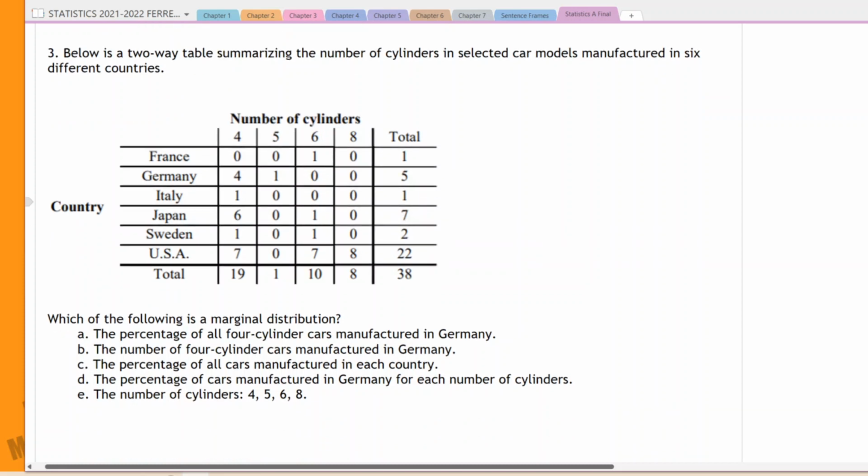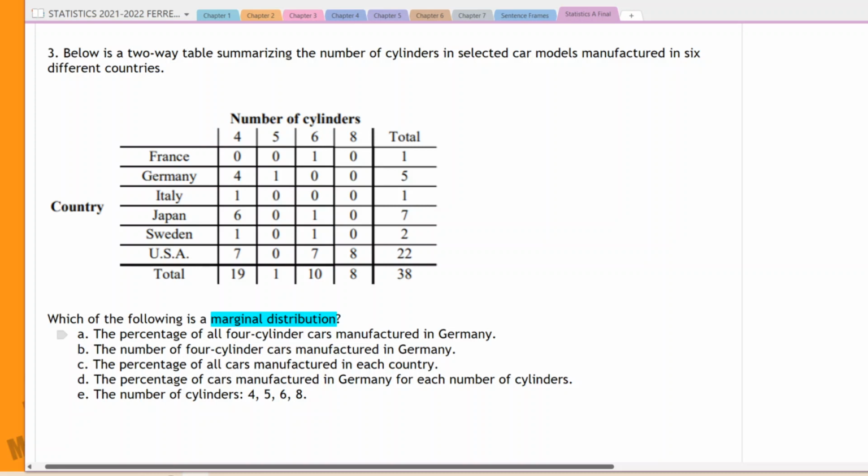But the question is asking for a marginal distribution. So what is a marginal distribution? Well, a marginal distribution would be, either by percentage or by count, how many of each category there are.